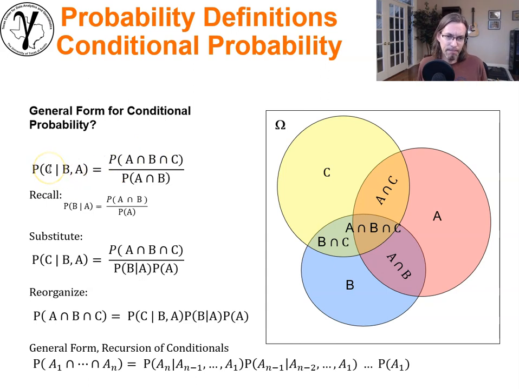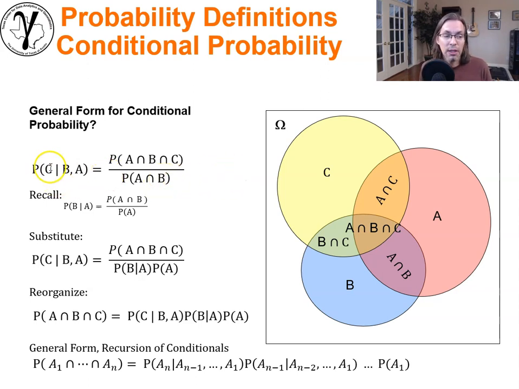The statement is that the probability of C given B and A, so you see we've got a conditional, and then we also have a joint in the condition, which is super cool, is equal to the joint probability of A intersection B intersection C divided by the probability of A intersection B. Now let's go to the Venn diagram and prove that to ourselves.